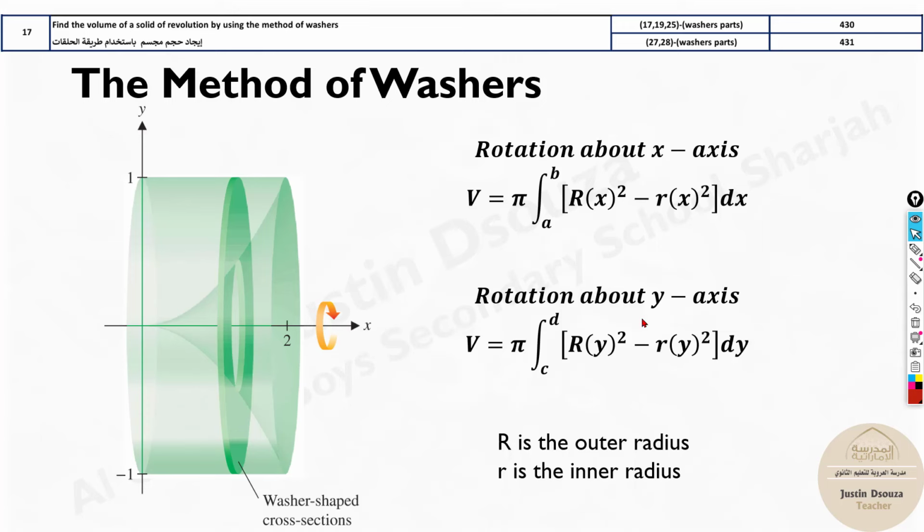Whereas if it's along the y-axis, vertically like this, then it will be the second formula. It's a very simple formula: pi, definite integral, outer radius minus the inner radius, both squared, dx.